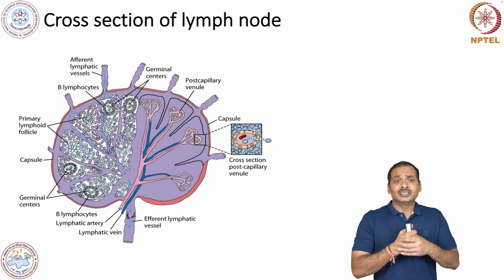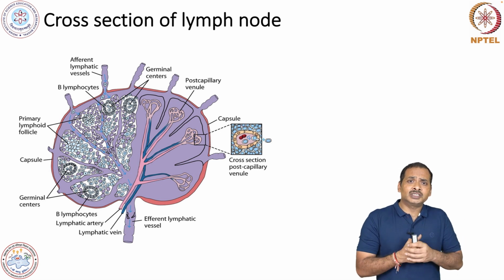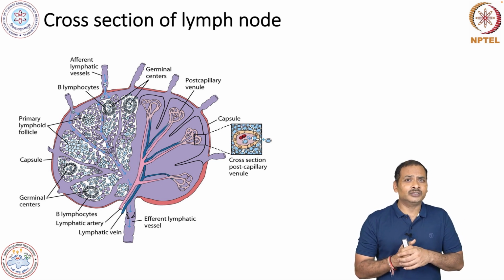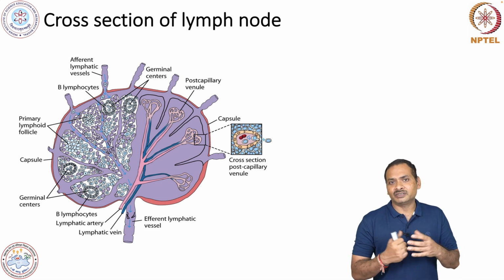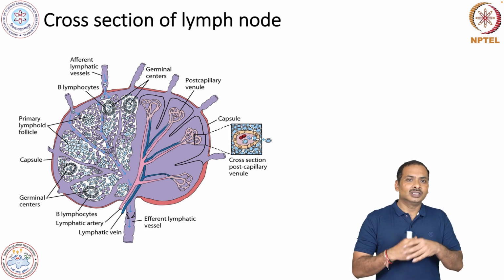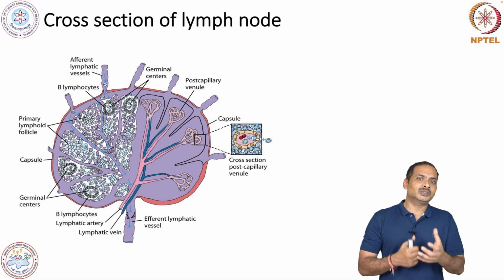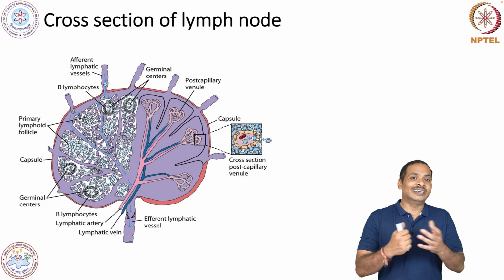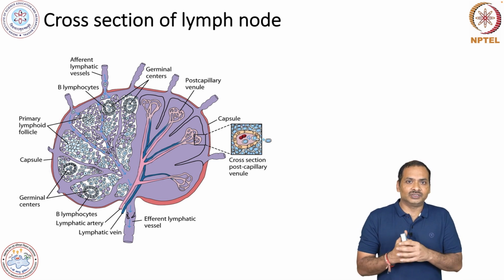As I said, the lymph node has a very active region which we call the germinal center. If you remember my previous session, I explained the germinal center. In the germinal center, all these active B and T cells, antigen presenting cells, macrophages and dendritic cells are present. It is a very active zone.